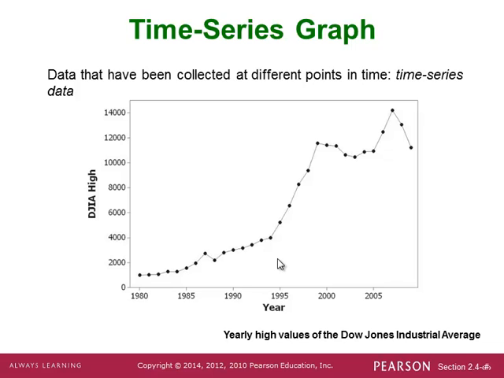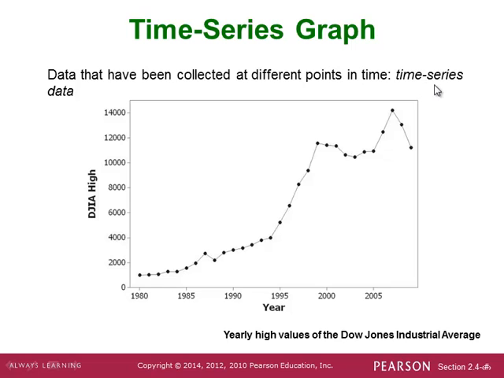All right, here's a different sort of graph called a time series graph, where one of the variables is going to be a time variable. Here we've got the Dow Jones Industrial Average high prices over time. It looks like there was one measurement per year, and that measurement was the Dow Jones Industrial Average high value for that year, and then plot it versus time.